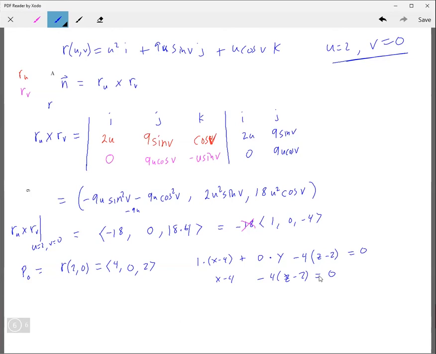Let me see if that's the right answer. Yes, that's the right answer. So this will work. You can probably also simplify it and it would still work.